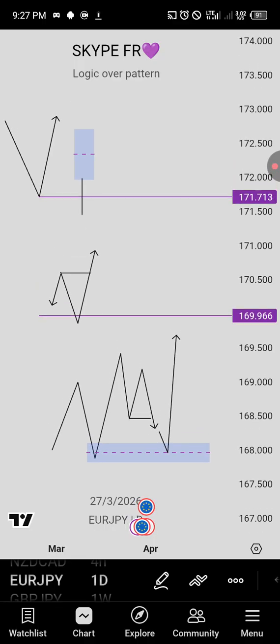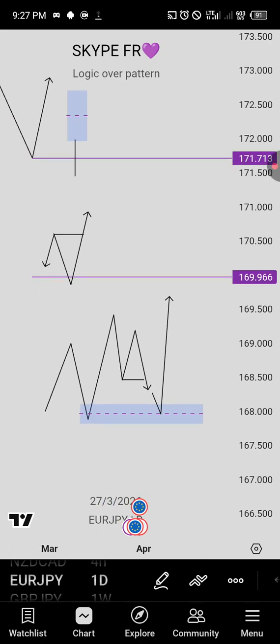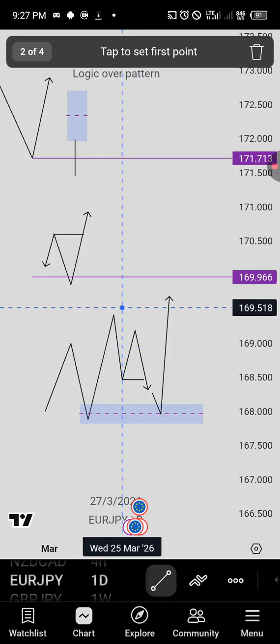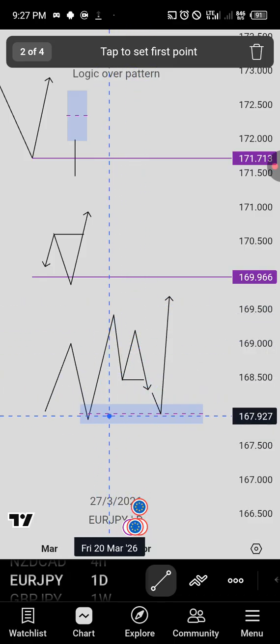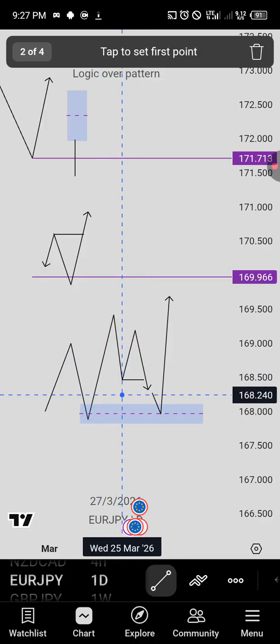Now for your target, your target should either be the next drawn liquidity on your entry time frame. Let's assume this is our H1 time frame.